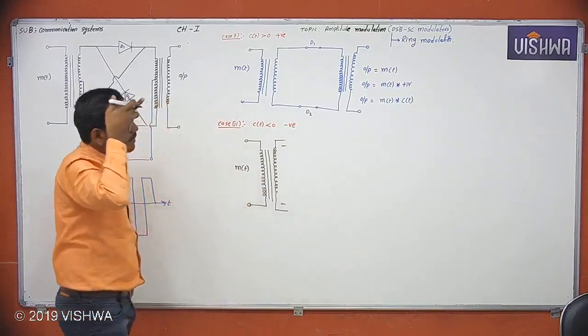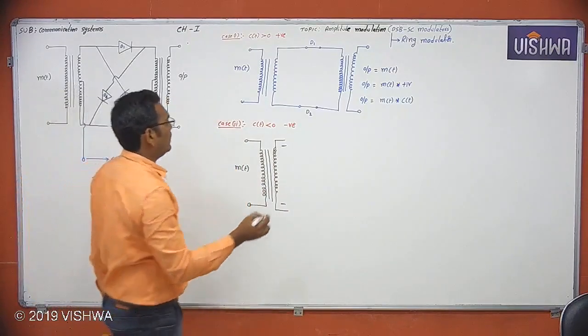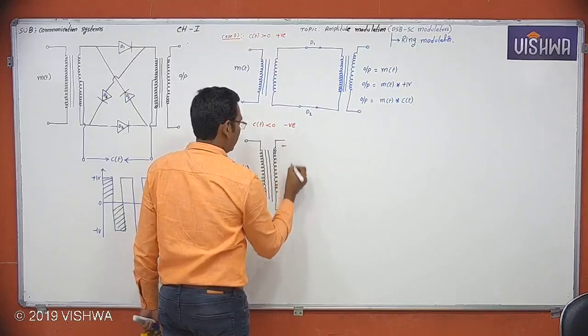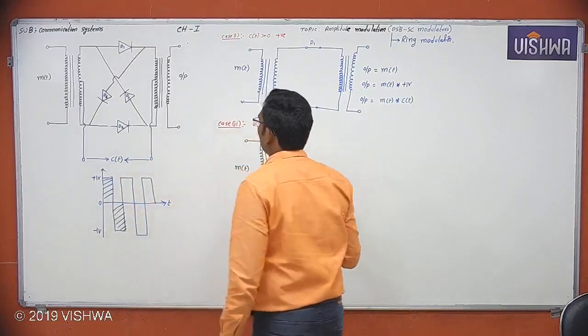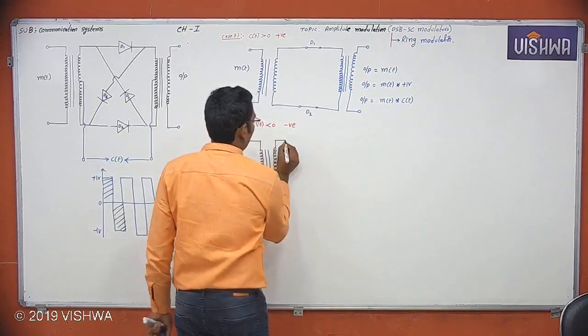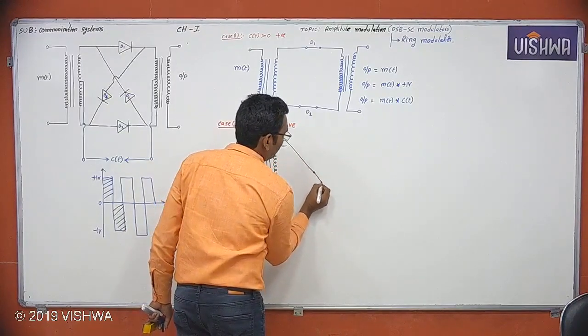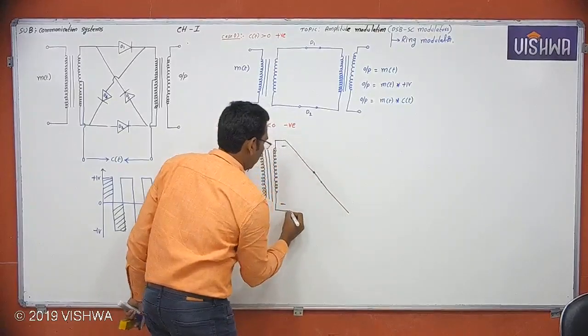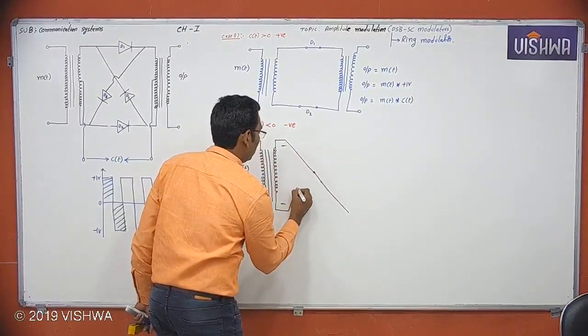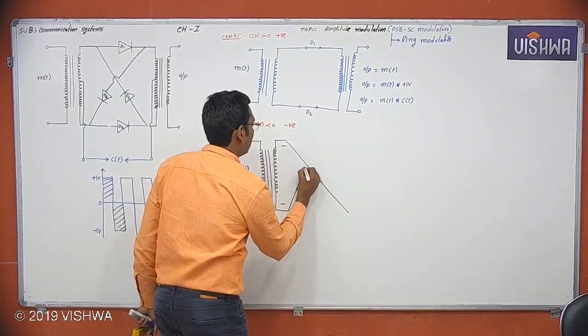Therefore, now diode D1 and diode D2 is reverse bias, right? So now diode D3 is on condition, D4 is also on condition.